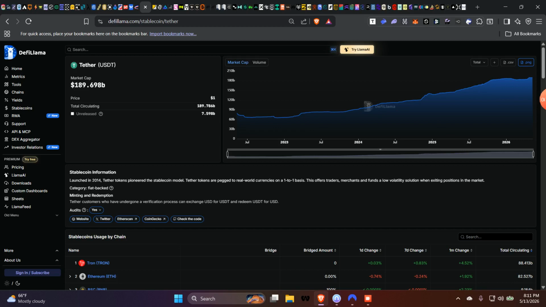Now, usually it's 4%, okay? But if the government does an auction for people to buy bonds and stuff, American debt, and it doesn't go as planned, then they will also offer higher incentives. That's how that goes.